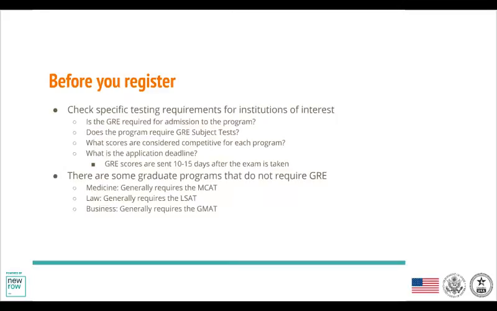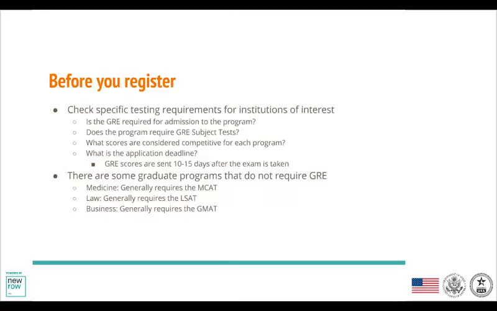Again, a number of programs do require that subject matter test, though not all do. So for instance, you might find that a couple of the biology master's programs you might want to apply to do require the subject test, and a number of them may not. So you just want to make sure you're clear on the testing requirements for the institutions of interest.